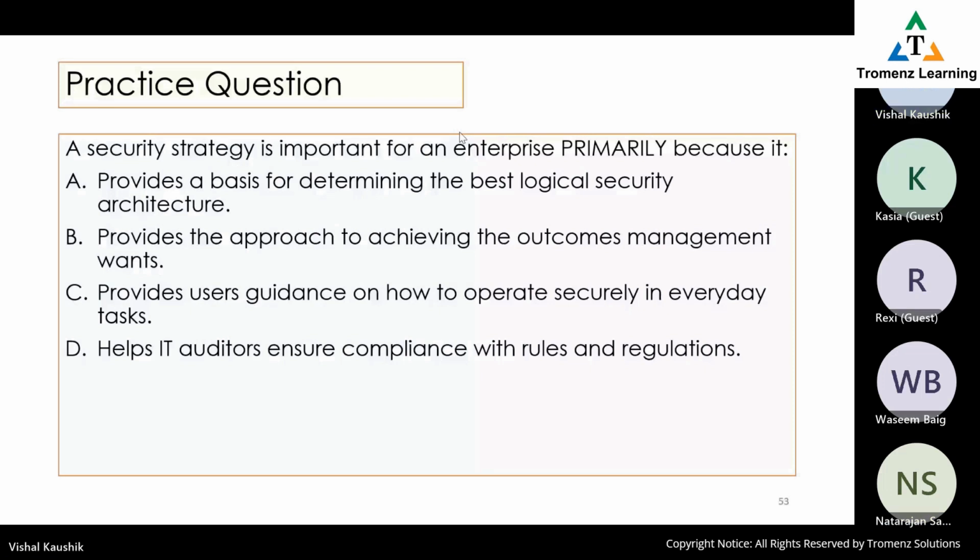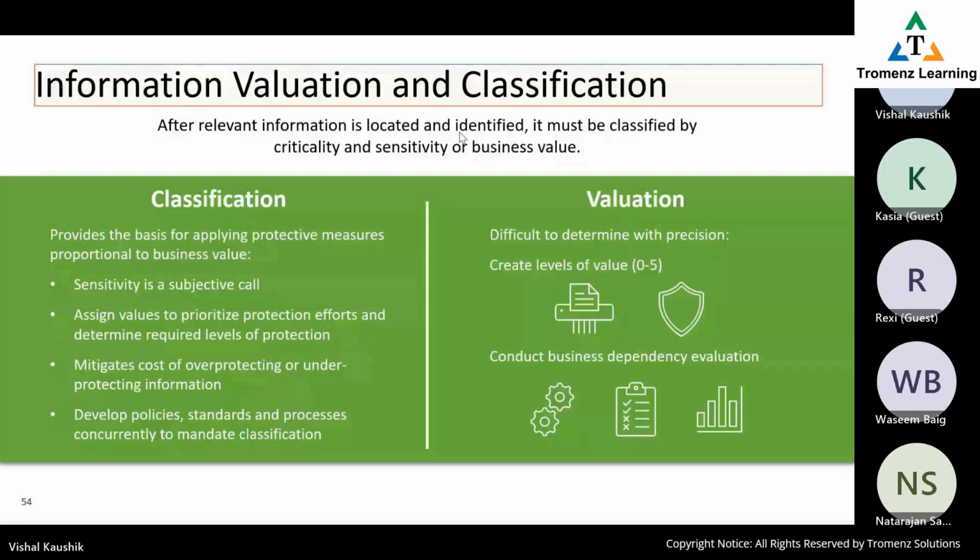Okay. So if we move on to information valuation and classification. Here we are saying that after relevant information is located and identified, it must be classified by criticality and sensitivity or business value. Classification would then provide the basis for applying the protective measures.